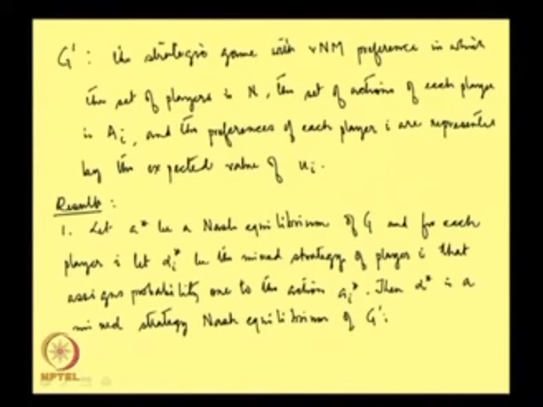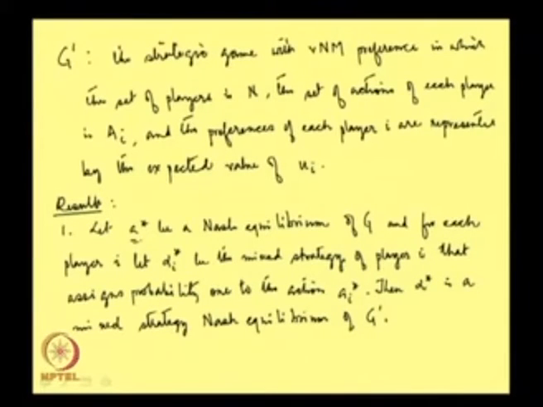What is being said is that suppose we consider the game G, where there is ordinal preference, and suppose in that game there is a Nash equilibrium at A star, which means that player I is taking the action AI star. I can be any player.